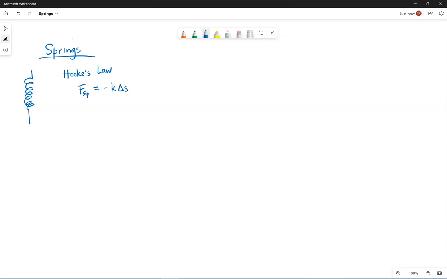This equation is called Hooke's law. It is the force by a regular spring. The negative sign means that the force is opposite whatever's done to the spring. So delta S represents the stretch or compression.